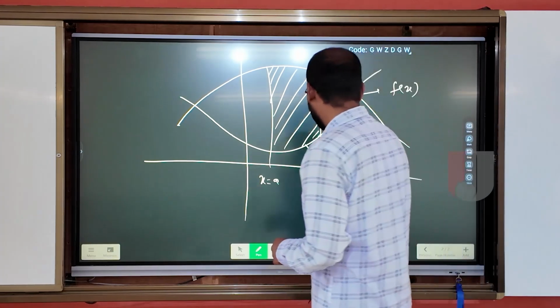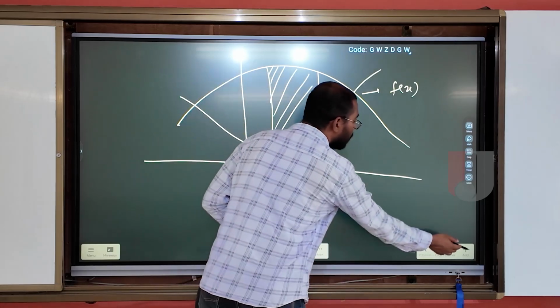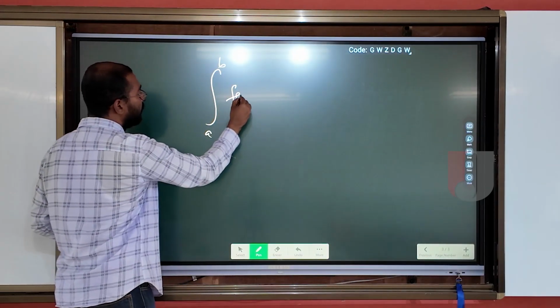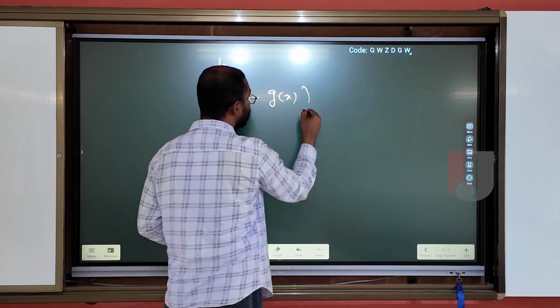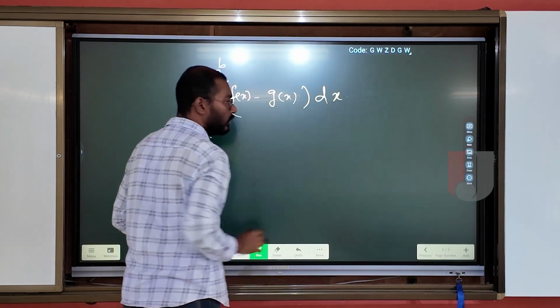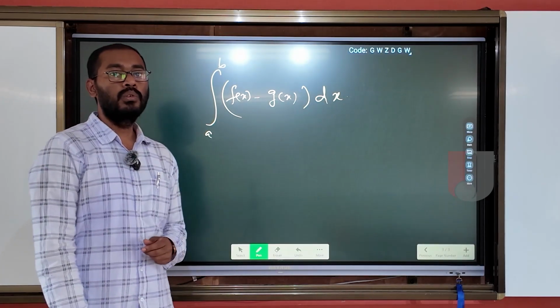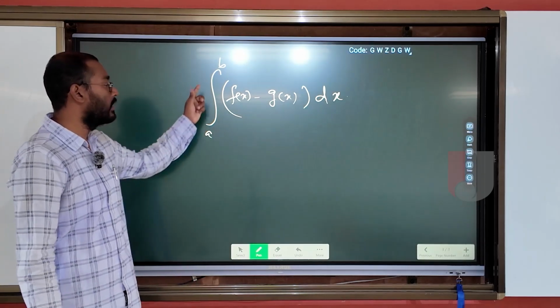Another thing is how to compute it. The formula is the integral from a to b of f(x) minus g(x) into dx. That is the formula for computing the area under two curves f(x) and g(x), bounded by a and b.